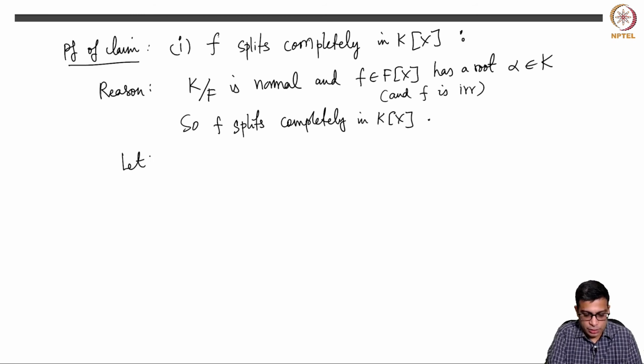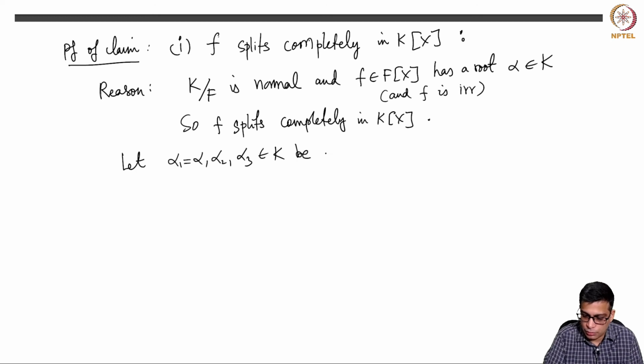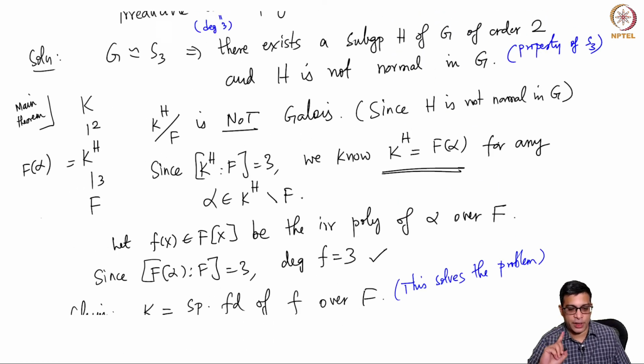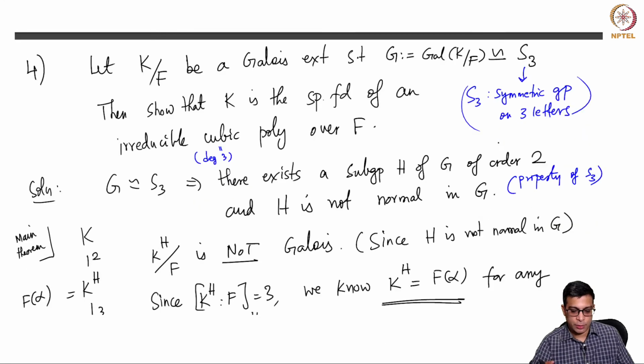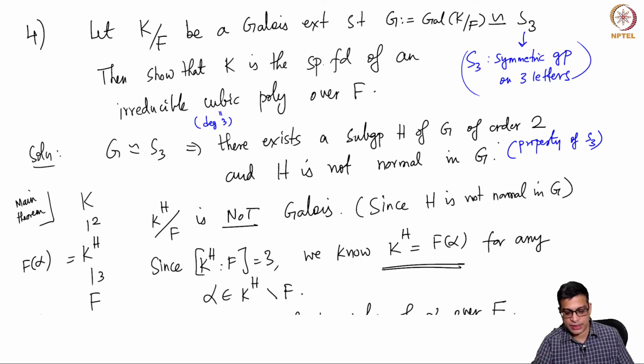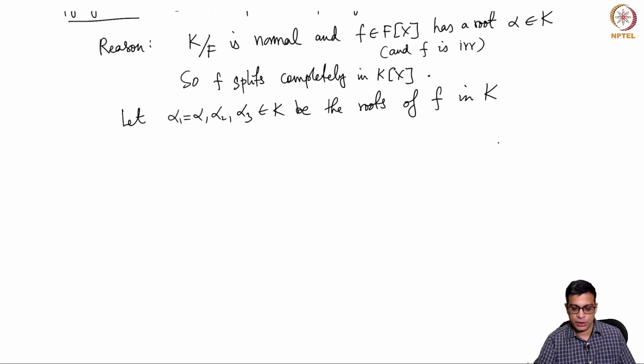So let alpha 1, which is of course alpha, alpha 2, alpha 3 be the roots of f in K. Because it splits completely, remember there are 3 distinct roots also, because it's a normal Galois extension, it is separable. So there are 3 distinct roots. So call them alpha 1, alpha 2, alpha 3.